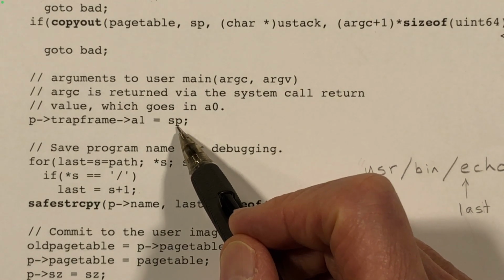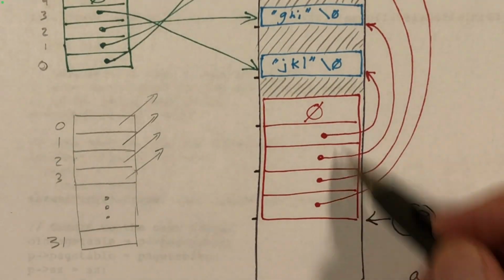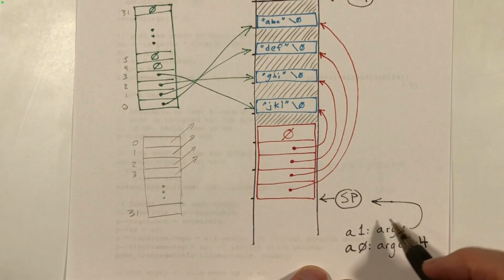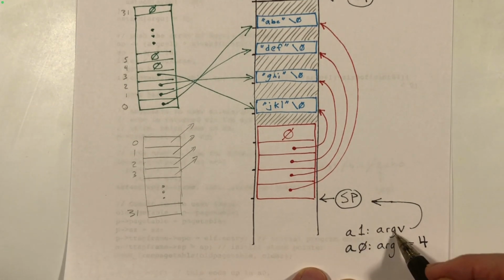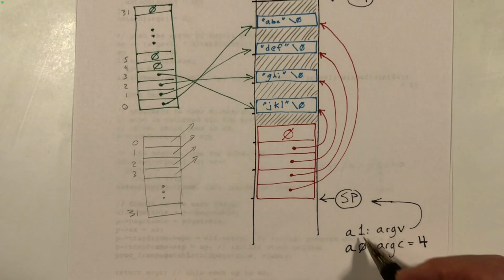SP at this point will point to the argv array that we've pushed onto the stack in the new virtual address space, and that needs to be saved in register A1 so that the new program will get it. A0 and A1 will be the arguments to the first function that executes in the new program.